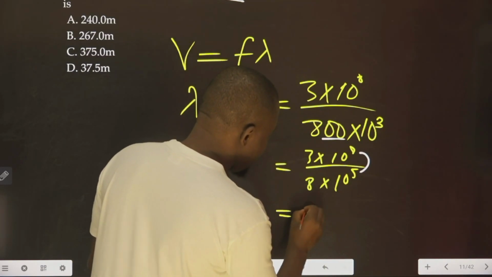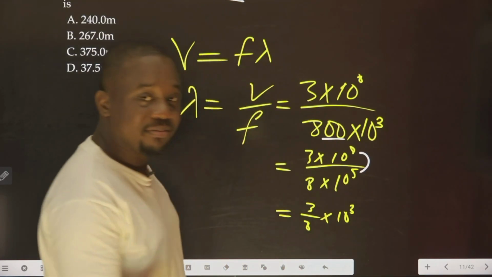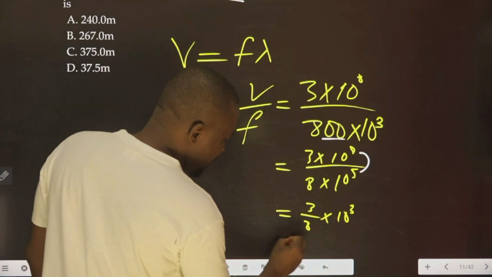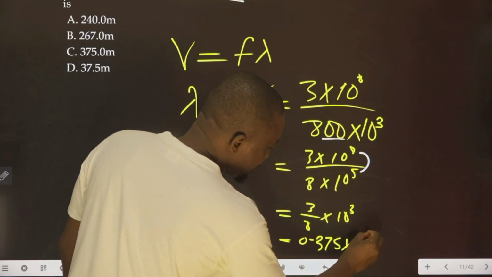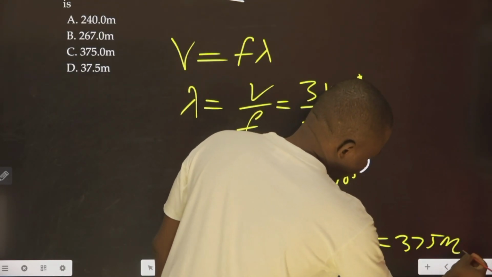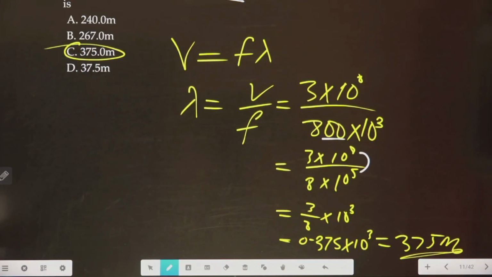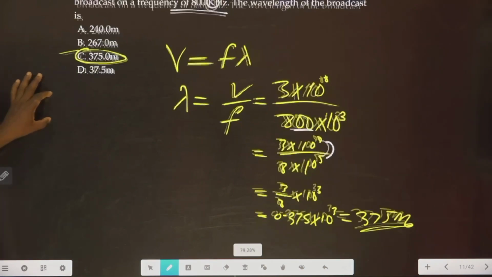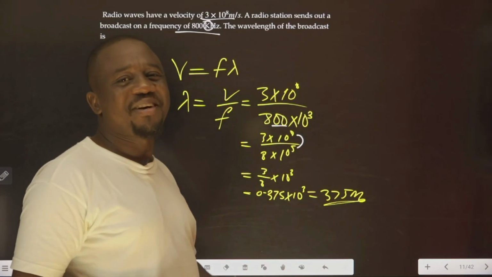That is 3 over 8 times 10 raised to the power 3. 3 divided by 8 is equal to 0.375 times 10 raised to the power 3. This will give you 375 meter. C is the answer. The most important thing is just the formula. You substitute. This one is just how fast you can calculate.